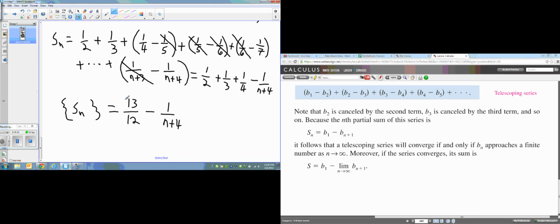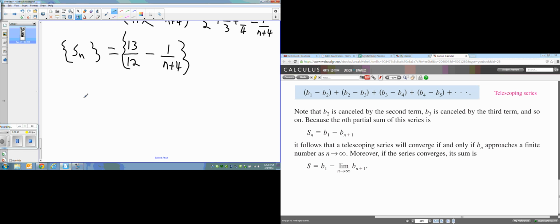And of course, just like the other telescoping series that we saw, if we take the limit as n approaches infinity to see if this sequence of partial sums converges, this limit would just equal 13 over 12, because this would go to 0 as n went to infinity. So therefore, this is also a telescoping series, and the sum of this series is 13 over 12.